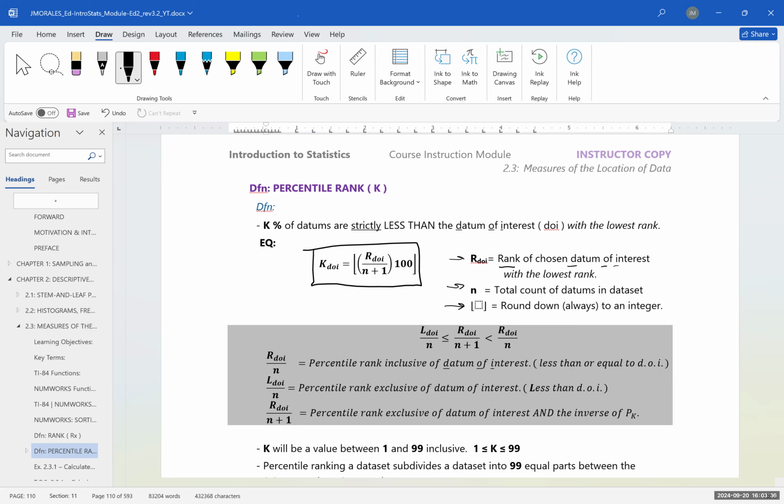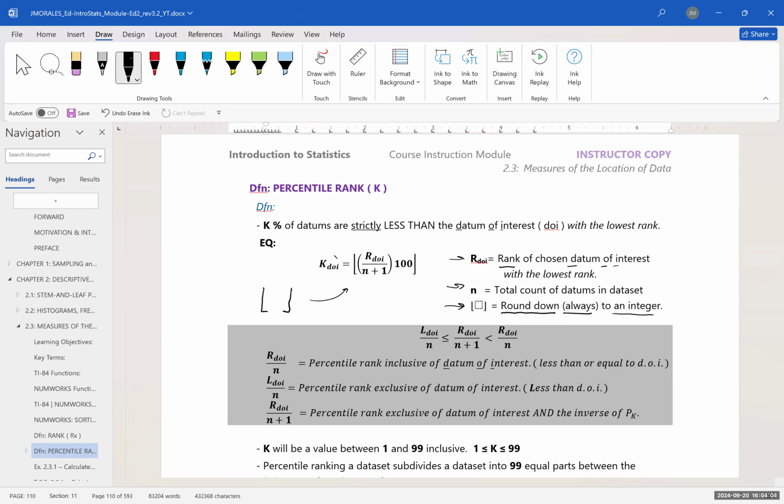And these symbols that look like brackets, imagine a bracket only with a bottom shelf on it. That's what's in this formula. It means you always round down to an integer when using this formula.